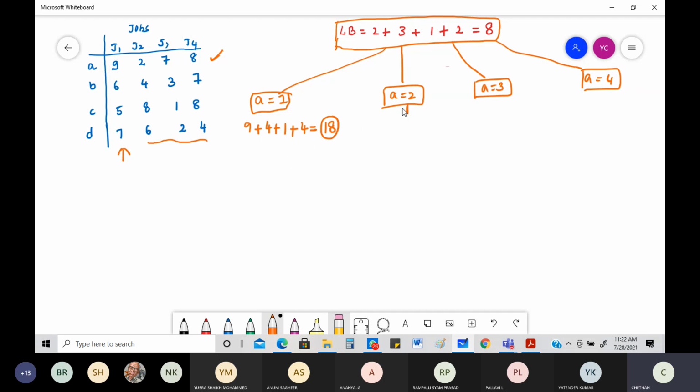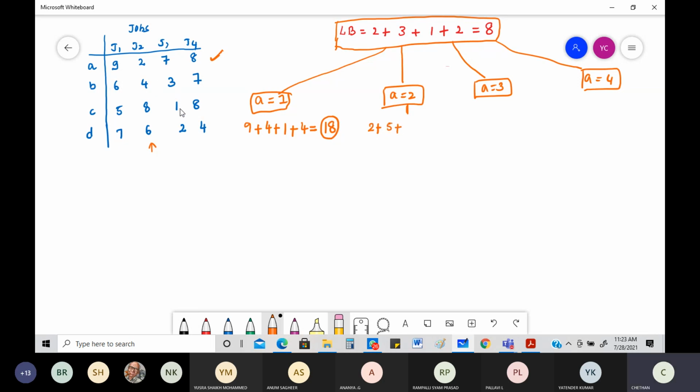If A is doing the second job, you need to figure out the minimum value among the other columns. J2 is now done by A, so you should not take this column. Take the other three columns, J1, J3, J4. Don't take the first row, because that is what you are trying to assign. Minimum among 6, 5, 7 is 5.